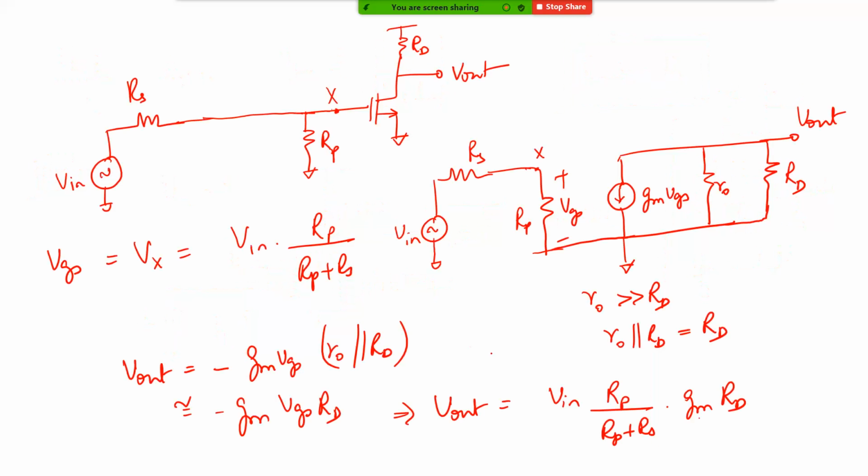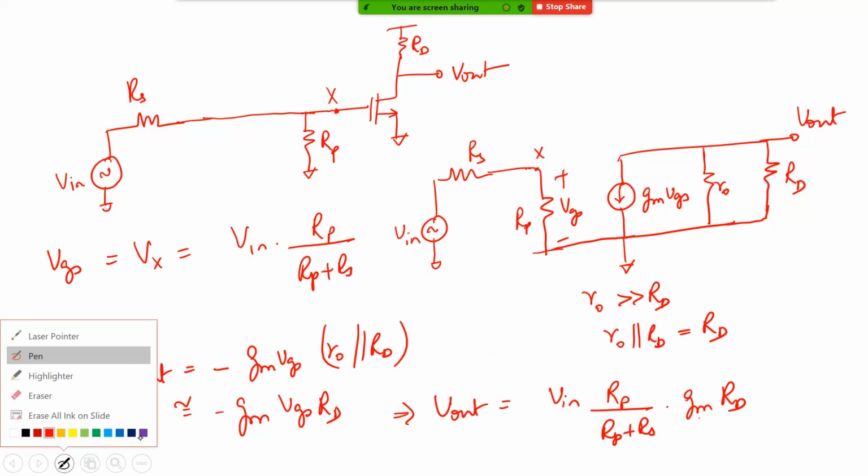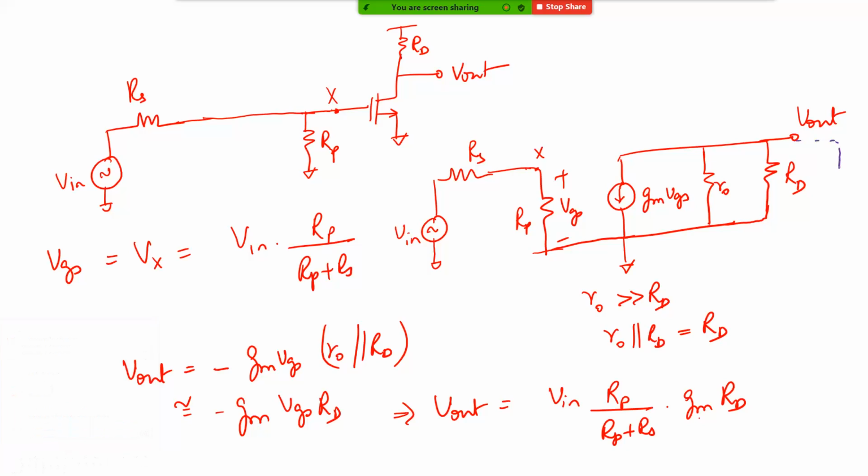In this case, if you put a test voltage source here and you set Vin to 0, what happens? VGS goes to 0, which means this becomes an open circuit. Vt by IT: what is the current drawn here? Vt divided by ro parallel to Rd, which is approximately equal to Vt by Rd.